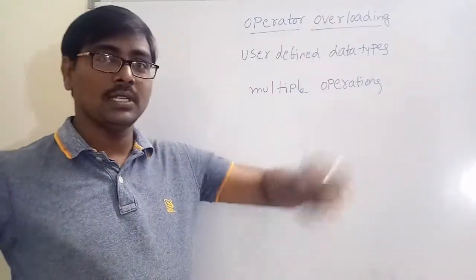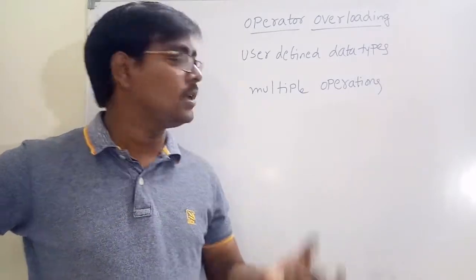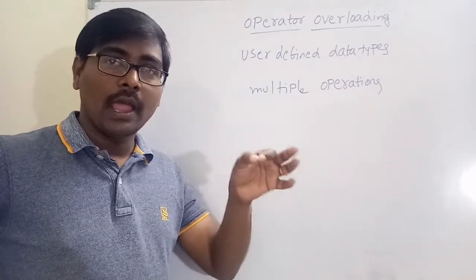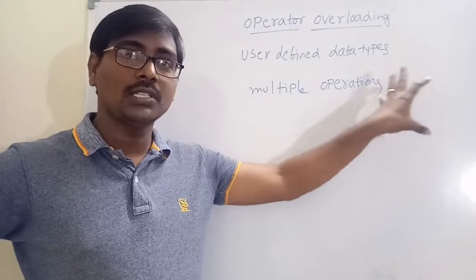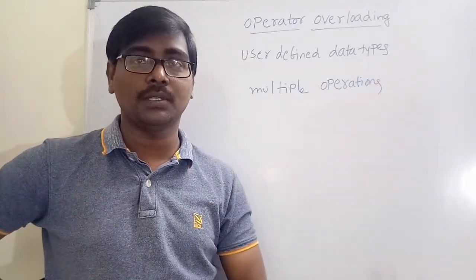Generally in C++, the different data types come under user-defined data types. That is, simply, operator overloading is an operator implemented with multiple operations on operands of user-defined data types.